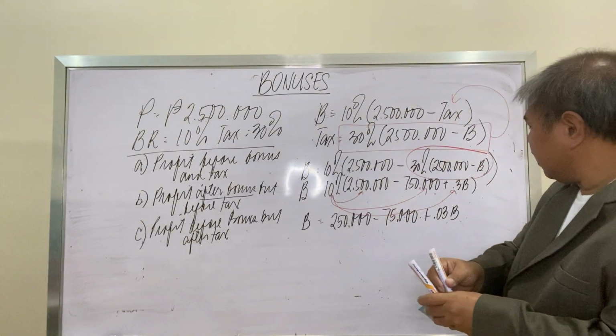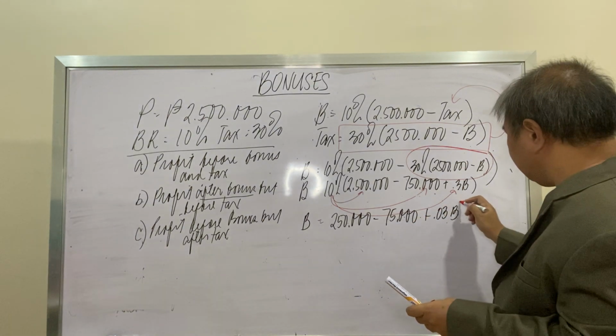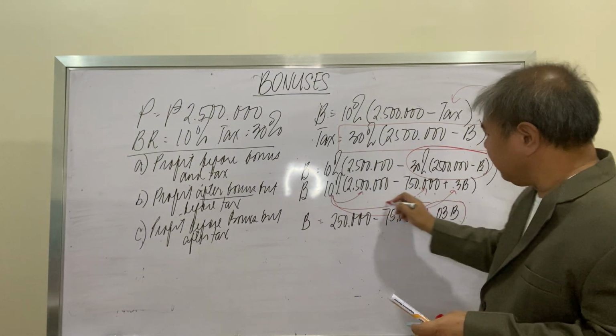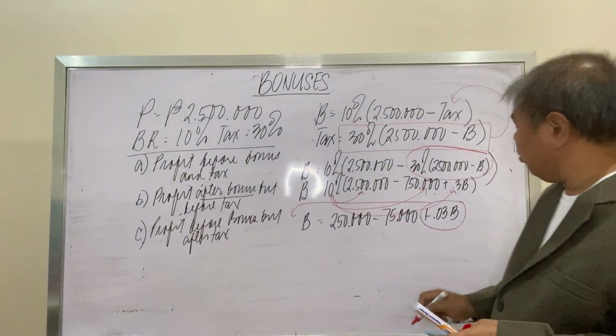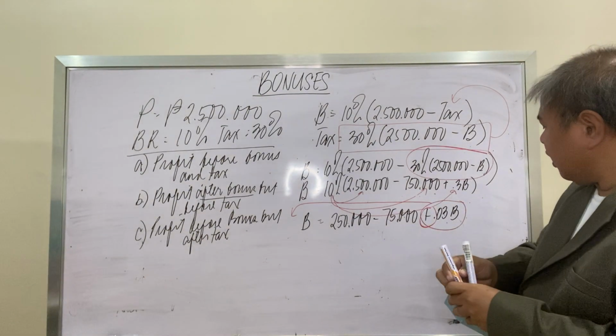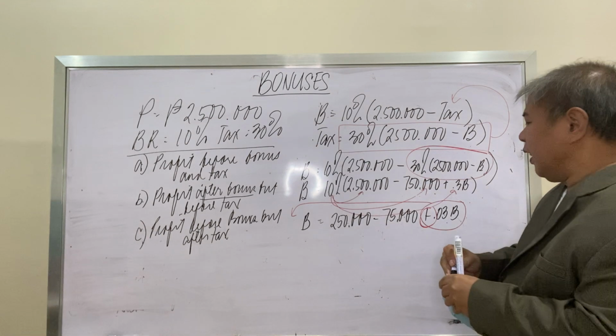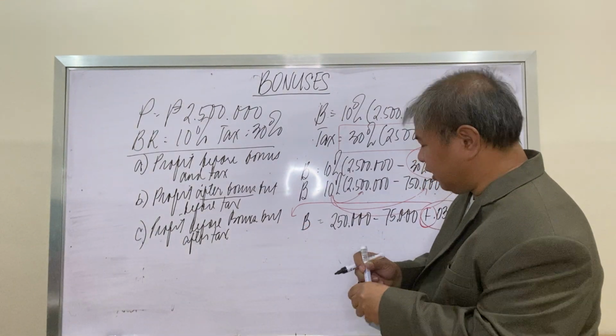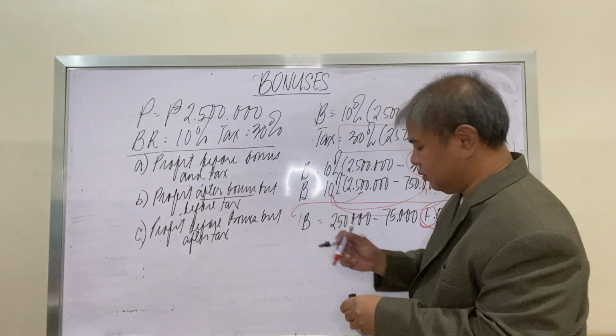So we are going to transpose this 0.3 of B to the other side. And as you know, if we transpose, we have to change the sign. So that will now become negative. Okay? So therefore, this has a coefficient of 1.